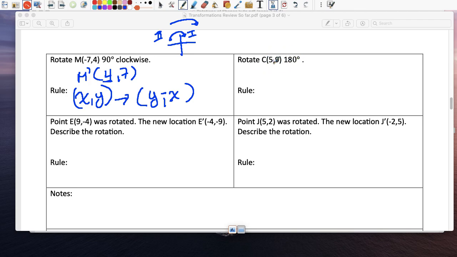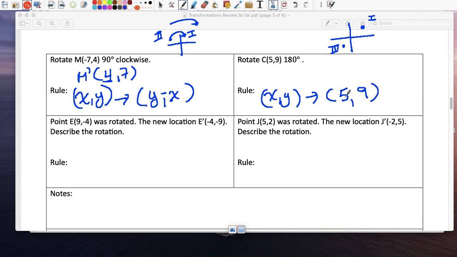Rotate C (5, 9). Just for you to remember, where's (5, 9)? (5, 9) is in quadrant 1. After a 180-degree rotation, it's going to land in quadrant 3. It's going to go 2 quadrants over. It's still (x, y) because you switch 5 and 9 to 9 and 5, and then you switch again, so it's still 5 and 9.